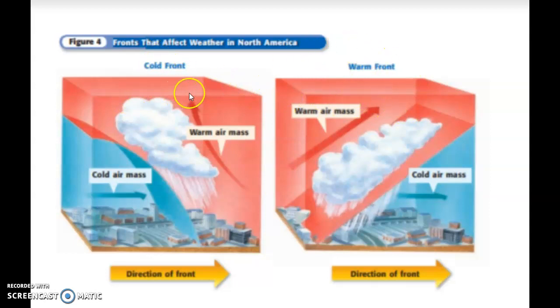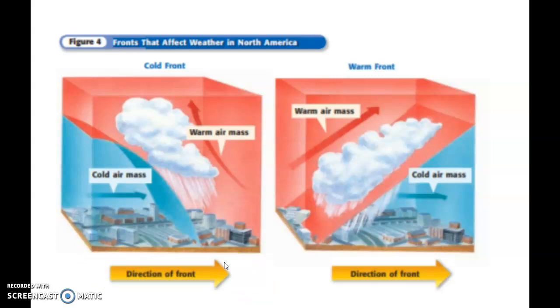Now, a cold front is a front where cold air moves under the warm air, which is less dense. So the warm air is less dense than the cold air mass. And this is why the cold air pushes the warm air upwards, as you can see from this arrow. Now, the direction of this front is towards the right.